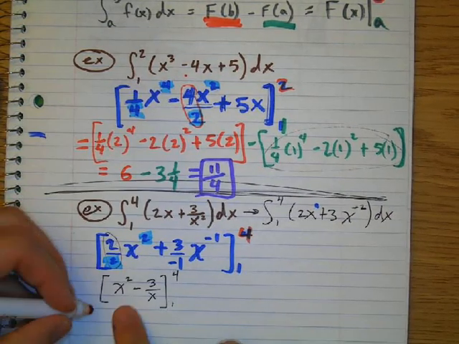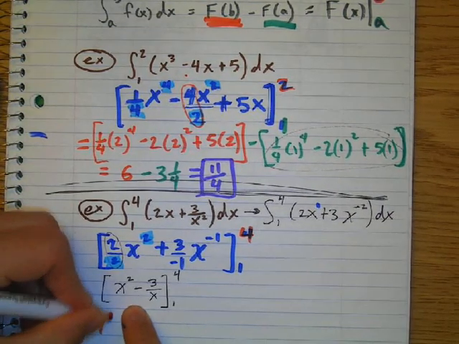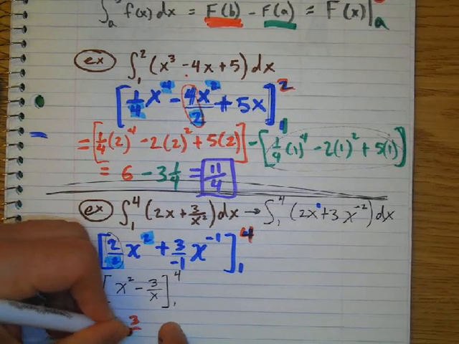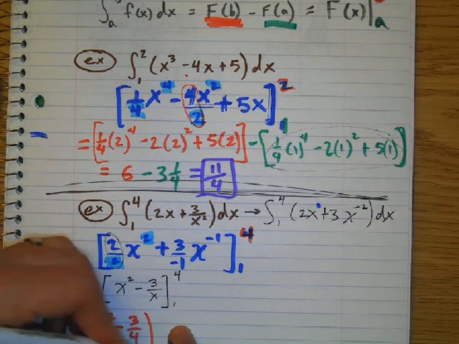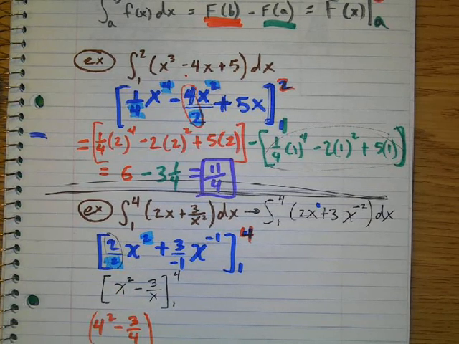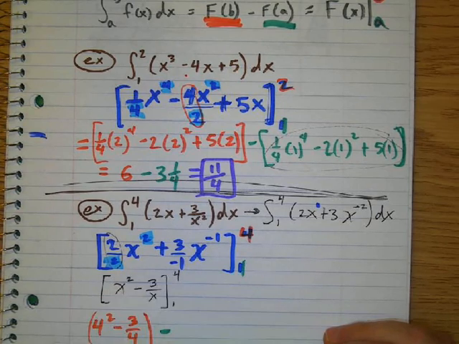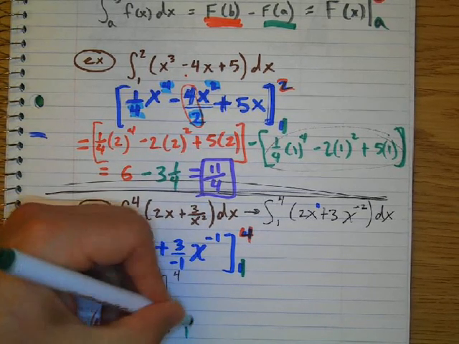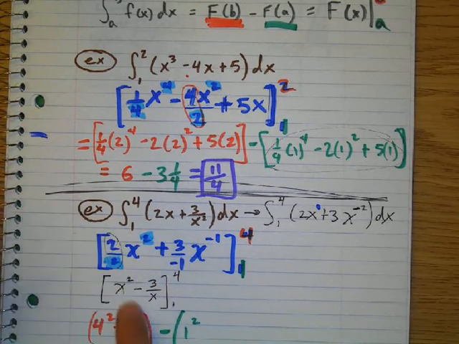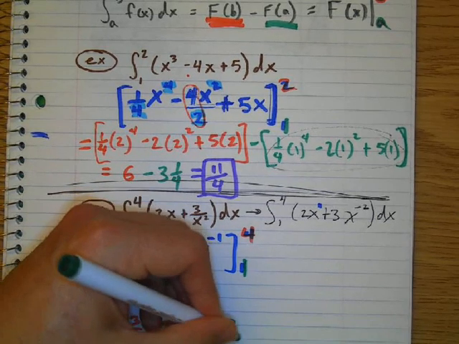So we're going to have 4 squared minus 3 over 4. And then we're going to plug in 1 for x. So now we're going to have 1 squared minus 3 over 1.